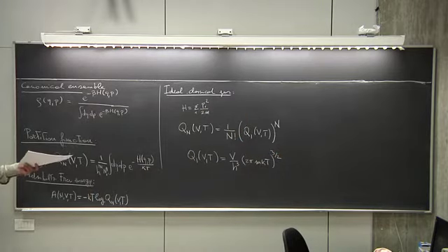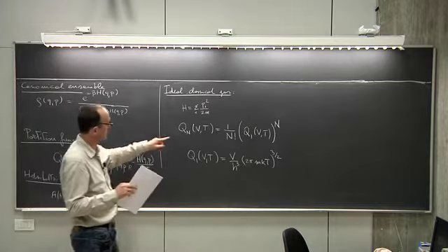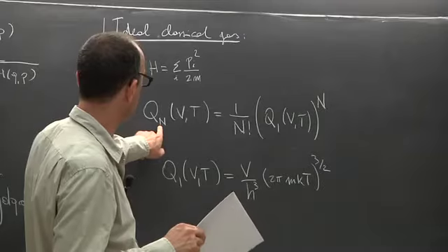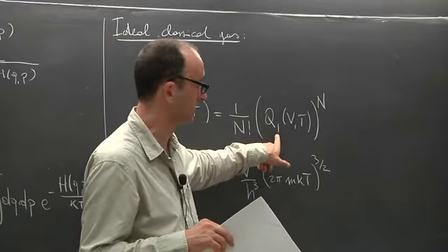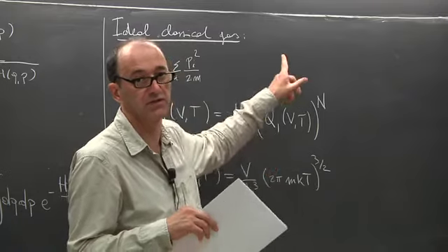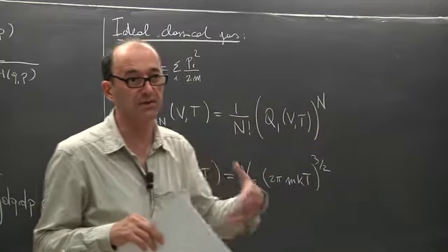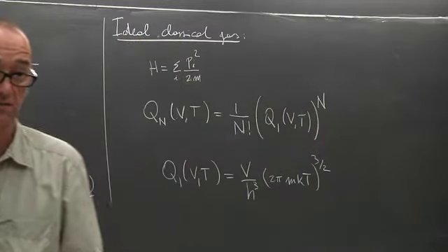The reason why you can write the partition function of N particles as 1 over N factorial times the partition function of a single particle raised to the power N is that the particles here are non-interacting.